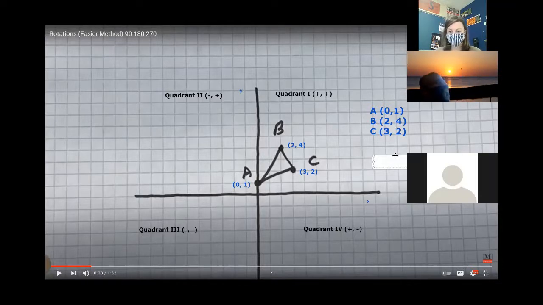There's 3 things you have to do on IXL: rotations, translations, and dilations. You have to do each one of them, get up to 50 on all of them, and then go pick one that you like the best and go as far as you can. I spread it out. You can do it Wednesday, Thursday, Friday, one each, or all at the same time. It's up to you. Just make sure you get it.